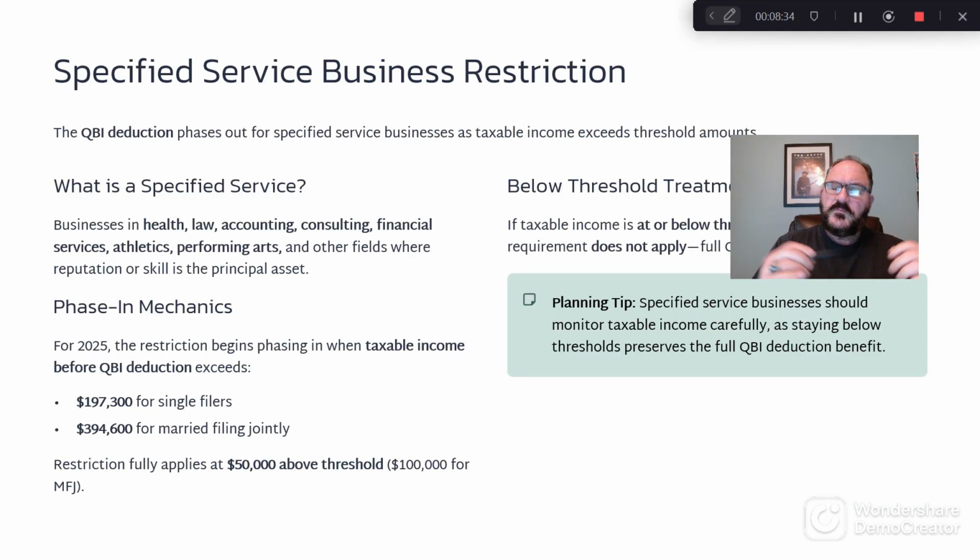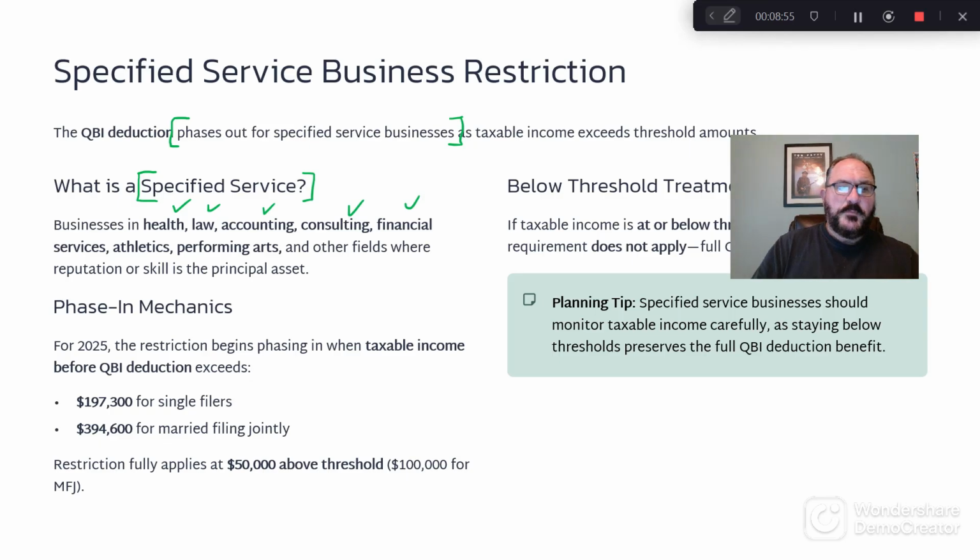All right. Now, there's a specified service restriction. What that means is QBI phases out for certain businesses. Notice specified service: these are professional services like health, law, accounting, consulting, financial services.